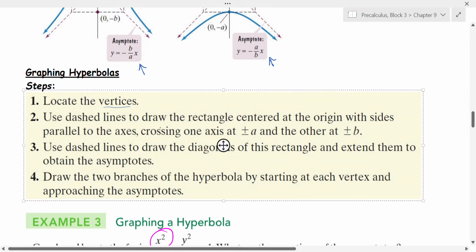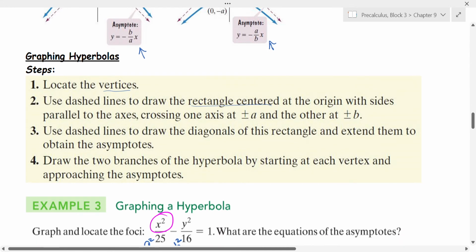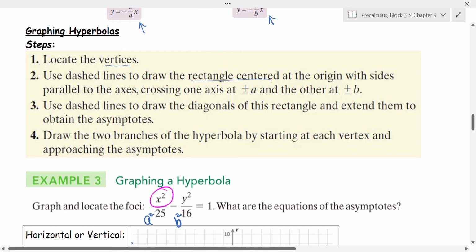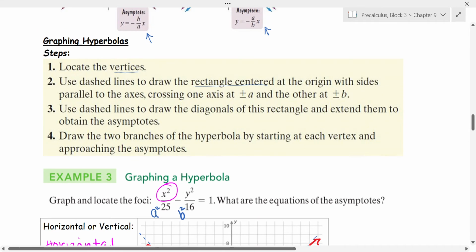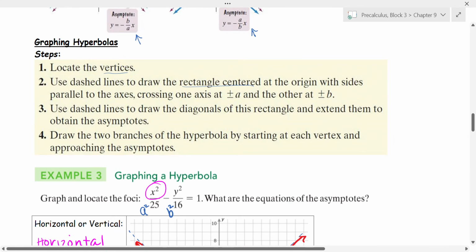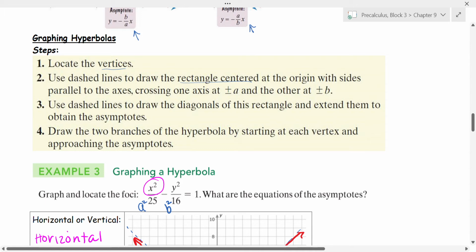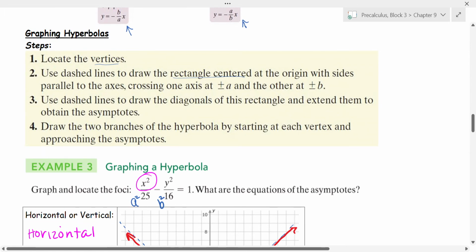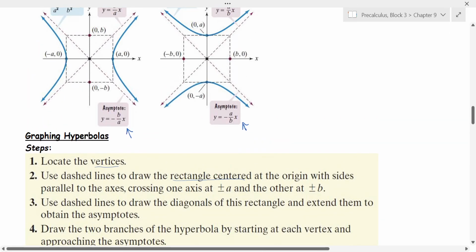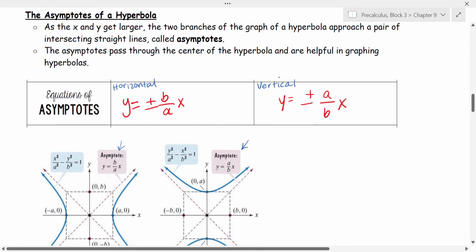And then you use dashed lines to draw the rectangle centered at the origin with sides parallel to the axis. So basically you connect your vertices and co-vertices using a rectangle, and that's just the faster way of drawing the asymptotes. Obviously you can figure out the equations of the lines using these formulas up here.